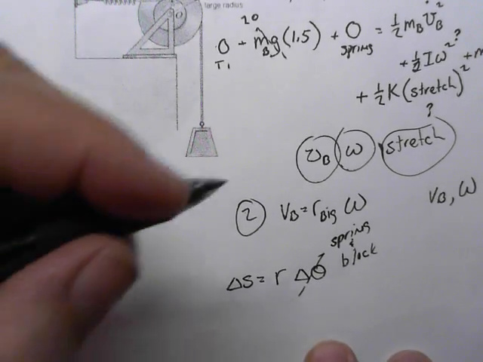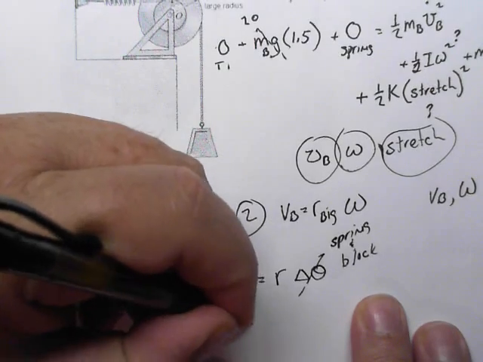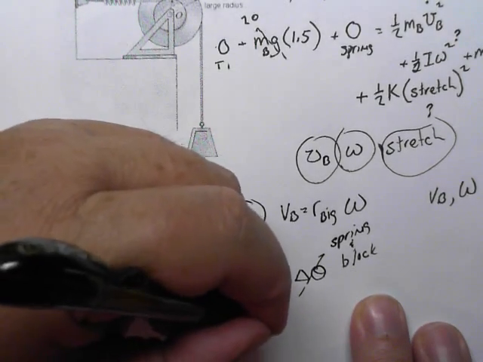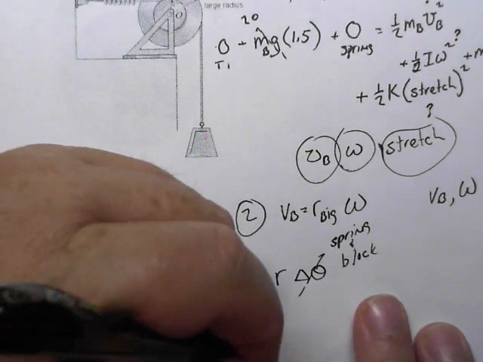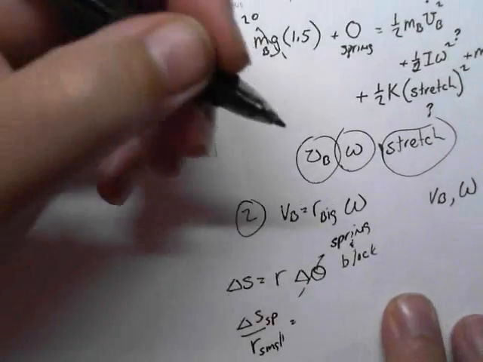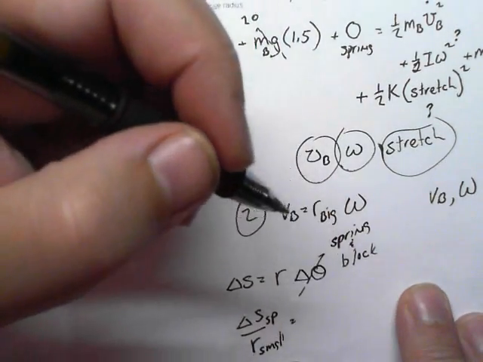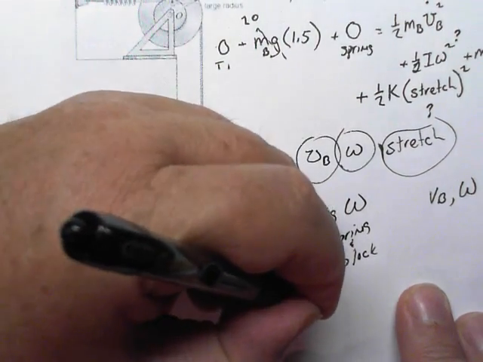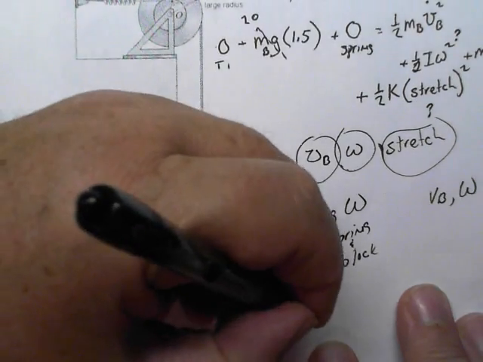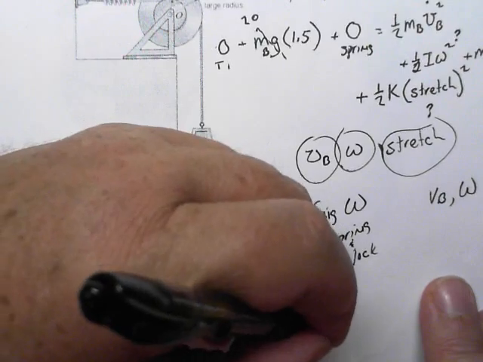So what we can say is delta S over R for the spring, and this would be R small, is equal to the 1.5, that's the delta S of the block, divided by R large.